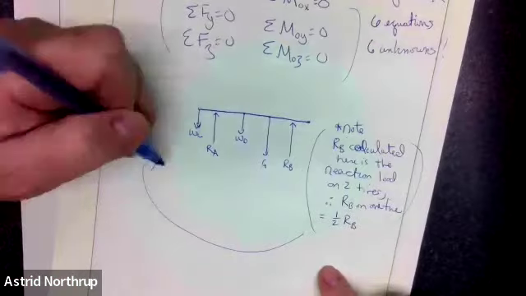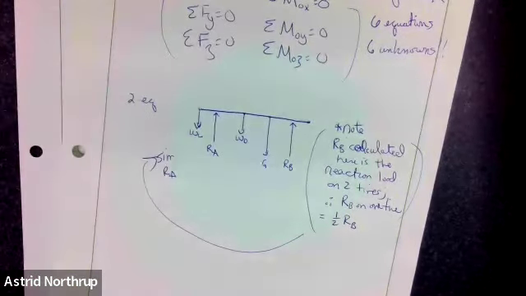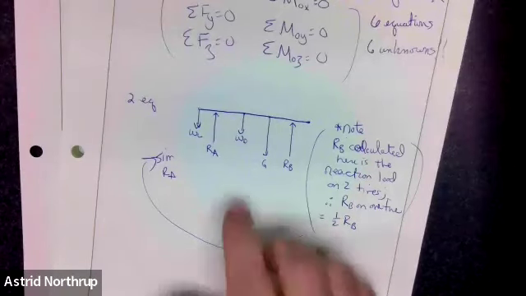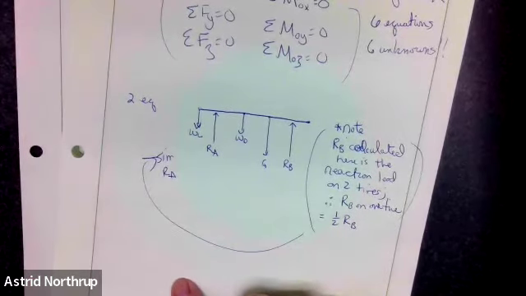And similarly for the reaction at A, right? There's no point in writing two of them here. We're assuming that everything's equally distributed. In other words, that crate is sitting in the middle of the bed, both crates, and that they're loaded relatively evenly, and also that the weight of the engine is equally distributed out of the page and into the page, okay? Otherwise, one set of wheels might be bearing more load than the other.